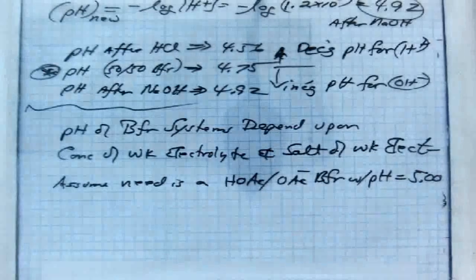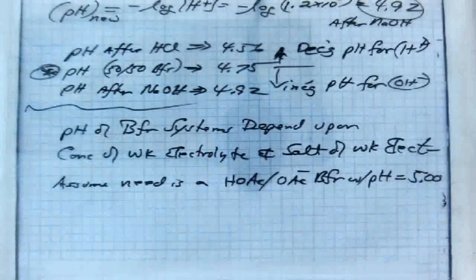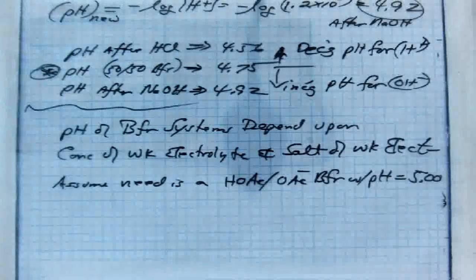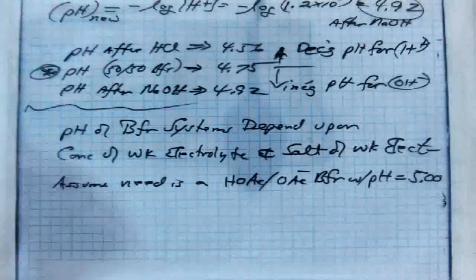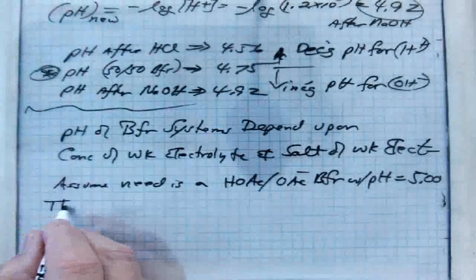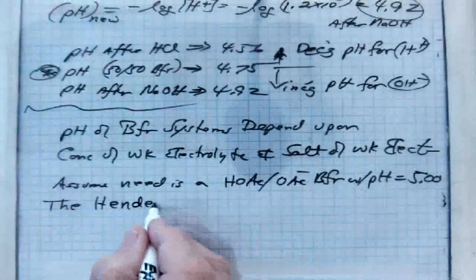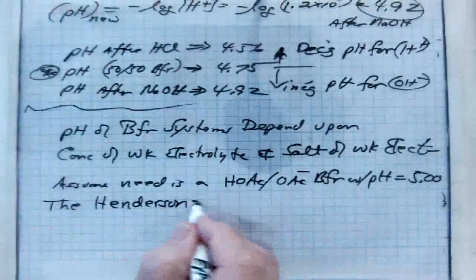You're choosing your acid: pKa should be the pH needed, plus or minus 1. Anything bigger or smaller than that really skews your acid-base ratios.